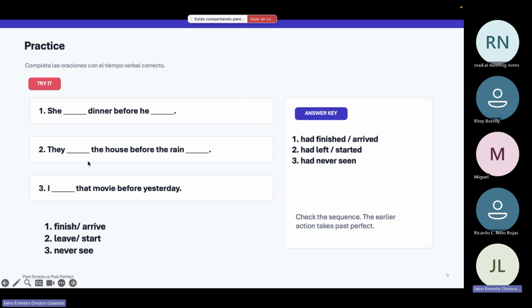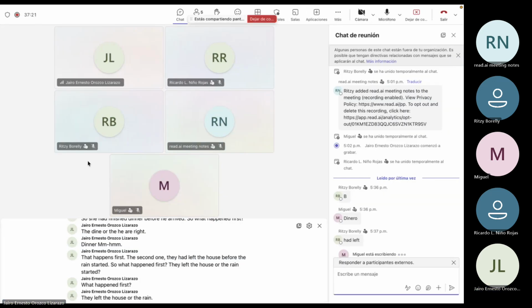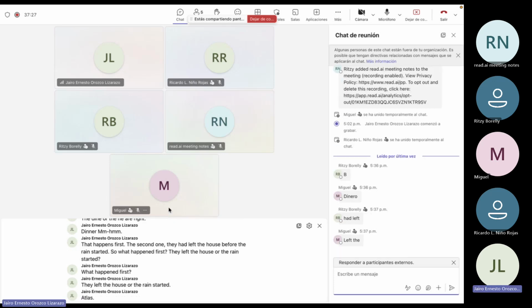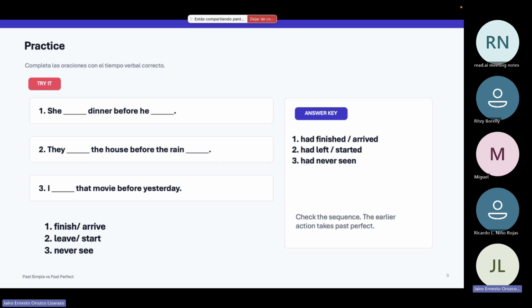The second one, they had left the house before the rain started. So what happened first? They left the house or the rain started? Left. Yeah, left.